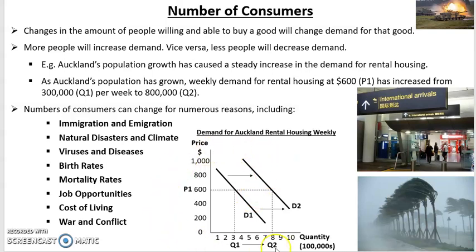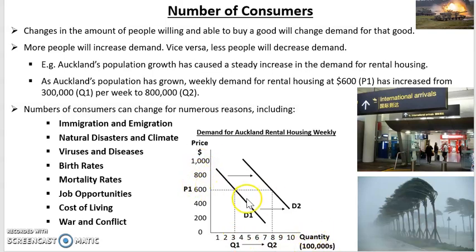If we look at our graph, we can see that our original demand curve, D1, shows 300,000 houses demanded at P1, $600 per week. You can see Q1, D1, and P1 all intersect such that there are 300,000 rental houses demanded in a week.